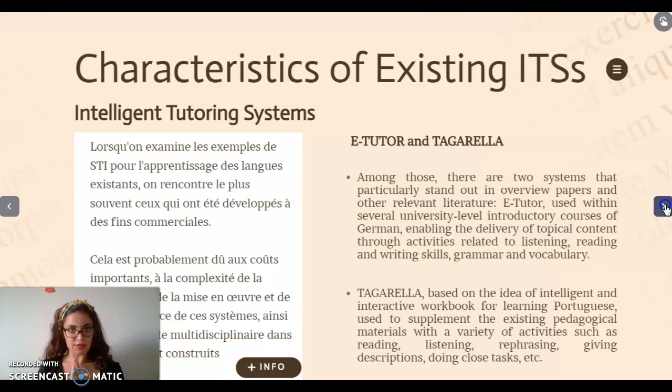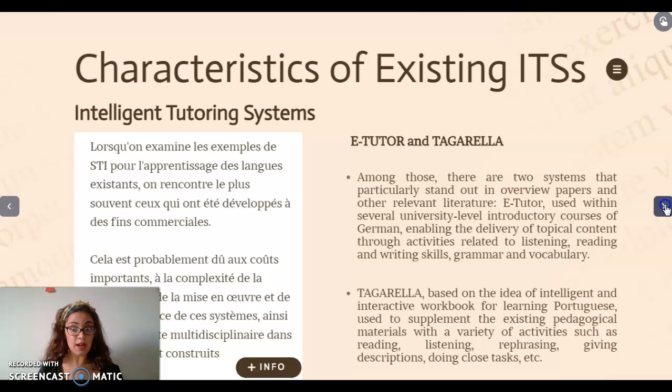We have two examples, and the first one is a tutor that particularly stands out in overview papers and other relevant literature. A tutor used with several university level and introductory courses of German, enabling the delivery of topical content, taught activities related to listening, reading, and writing skills, grammar, and vocabulary.